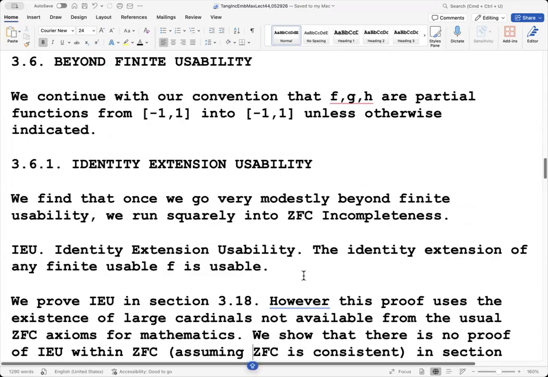We're always talking about partial maps from -1, 1 to -1, 1. So it's the identity extension usability. So I think last time we did define, let's see, I don't remember where I put it in the text here, but the identity extension of a map F, you make it the identity above the map and the identity below the map.